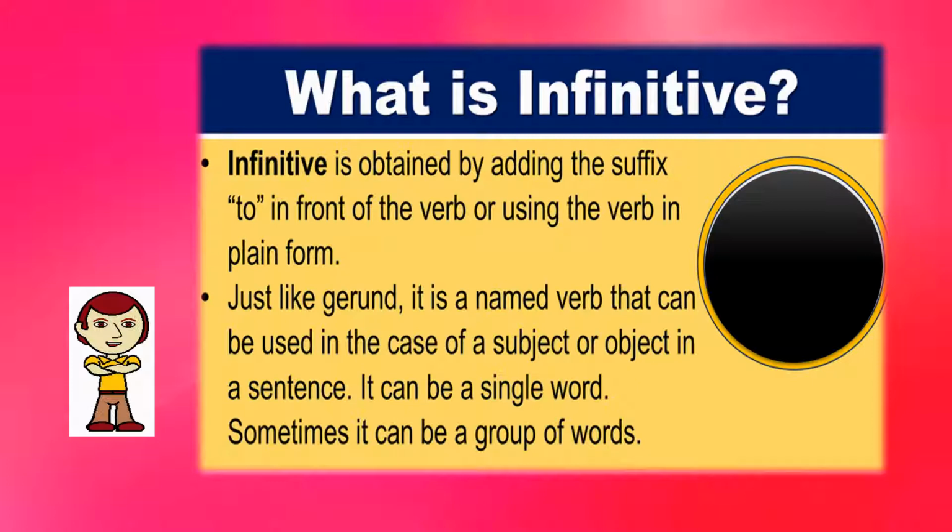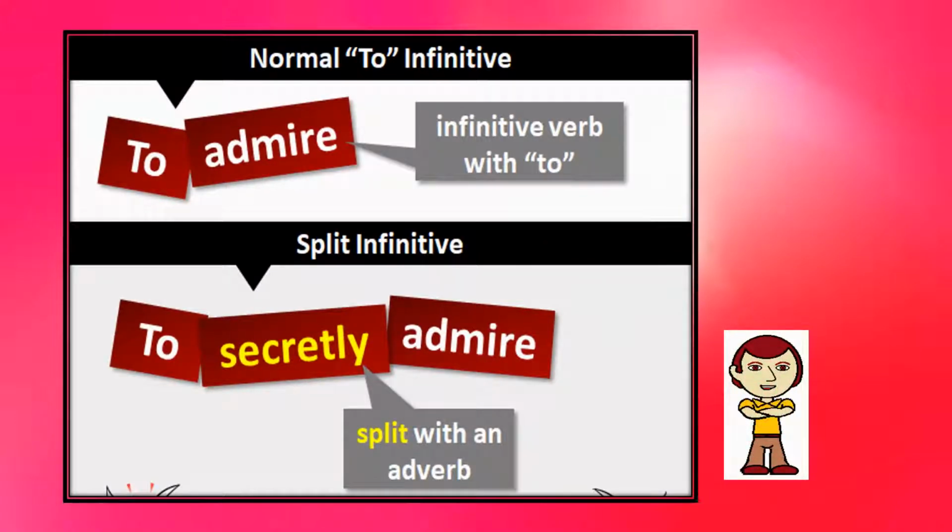It can be a single word, sometimes it can be a group of words. Normal infinitive: to admire. Infinitive verb with to. Split infinitive: to secretly admire. Here it is split with an adverb. So these are the examples of infinitive verb.